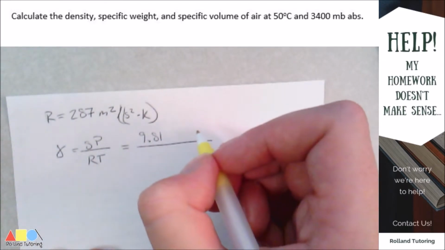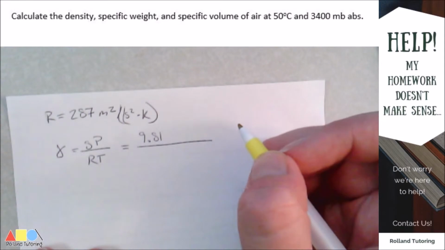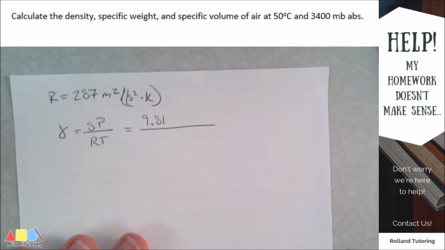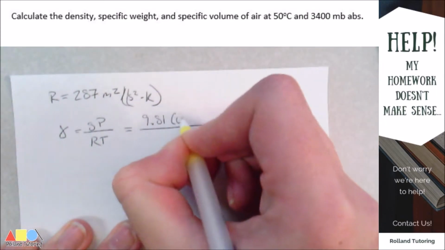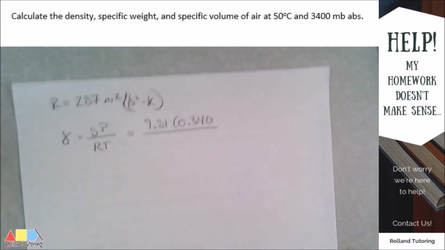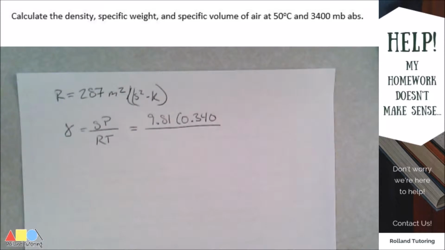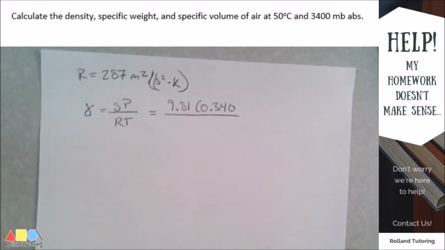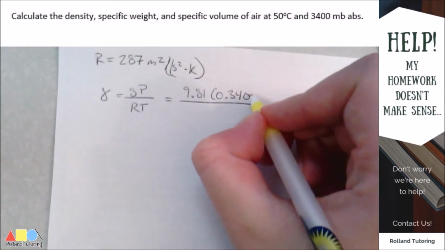times our pressure, which was 3,400 millibars absolute, which is the same as 0.340. Let me check the units for you here just to make sure that's right. Kilonewtons per meter squared.